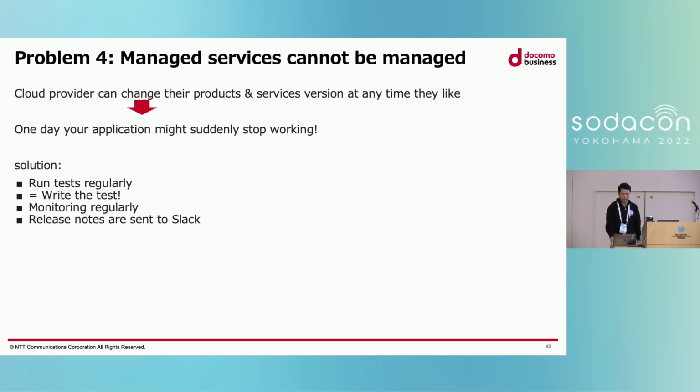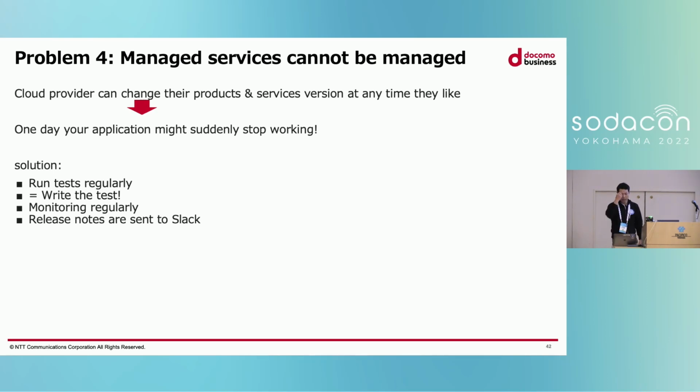The last problem is the one related to the public cloud. Public cloud can change the version of their products and services at any time they like. That means one day your application may suddenly stop working. To prevent this, you will need to run tests regularly.